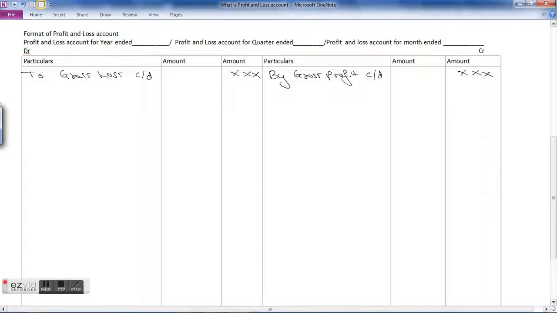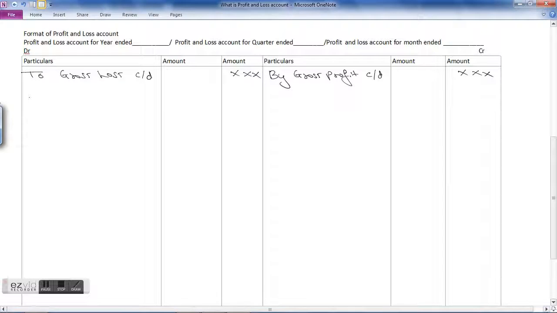Now, as explained earlier, all the indirect expenses and indirect income are part of the profit and loss account. What do we mean by indirect expense? Indirect expenses are expenses which are not directly related to the production of goods or to the trading of goods.